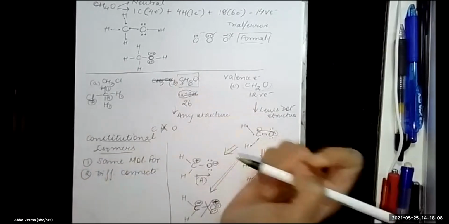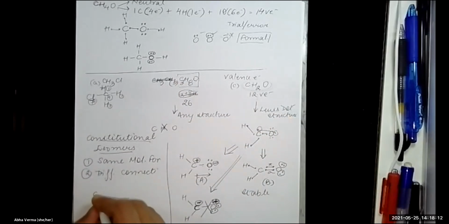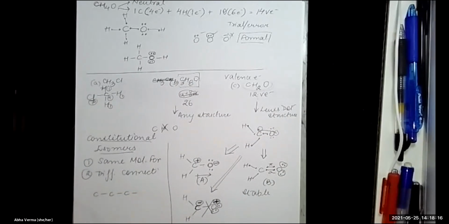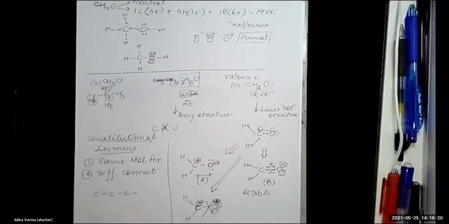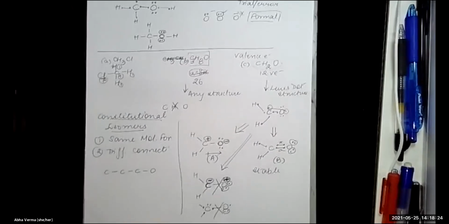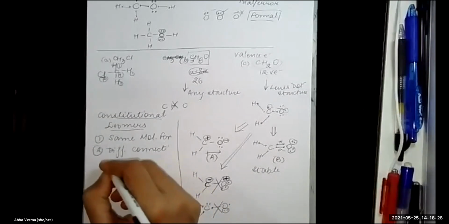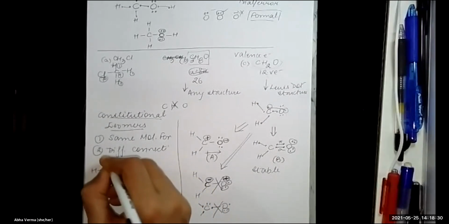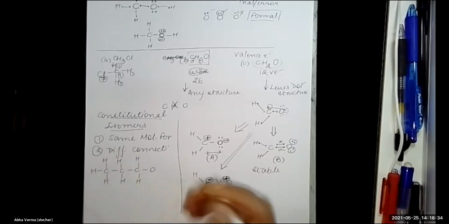What does that mean? If I look back at my C3H8O, I have 3 carbons. The most multivalent I will arrange first, followed by my next multivalent, which is oxygen. And then I'm going to fill in my hydrogens. Now what I'm showing you right here is one of the most basic forms of chemical structures.